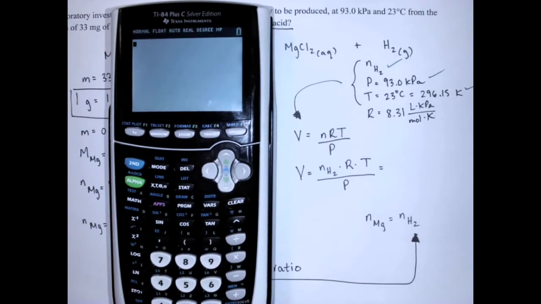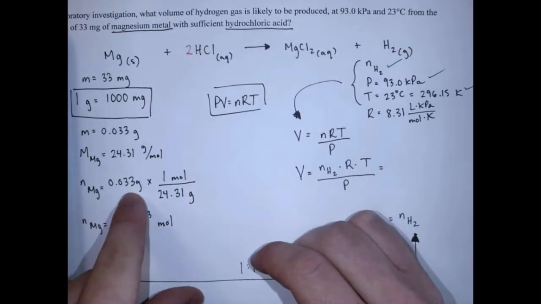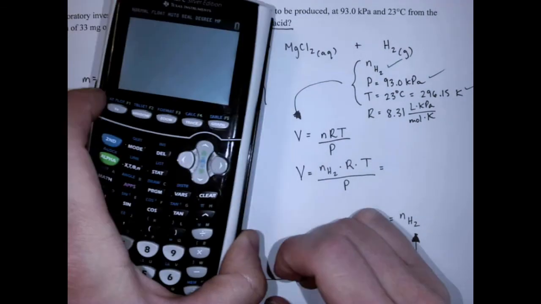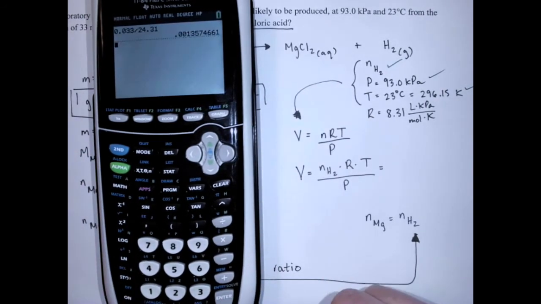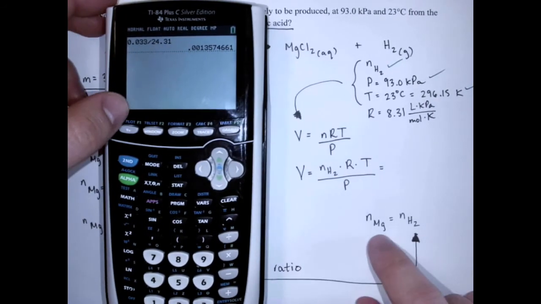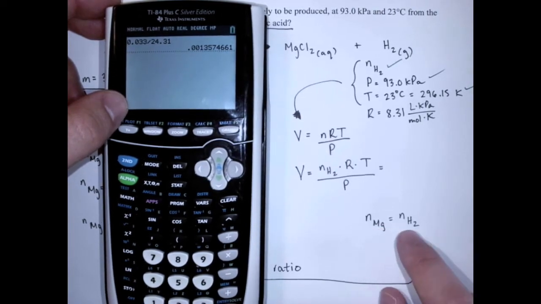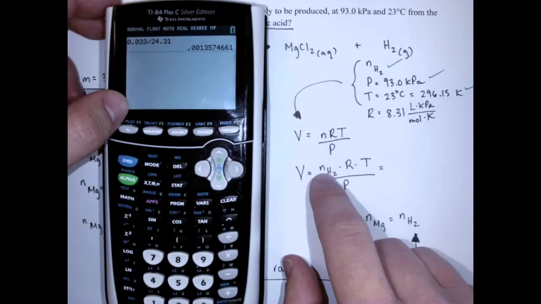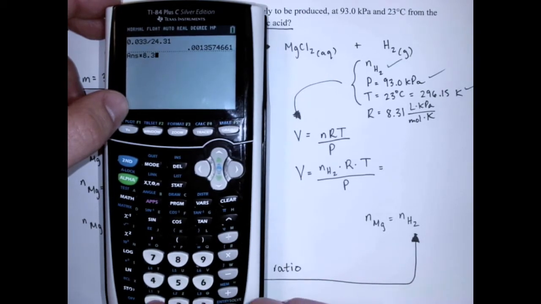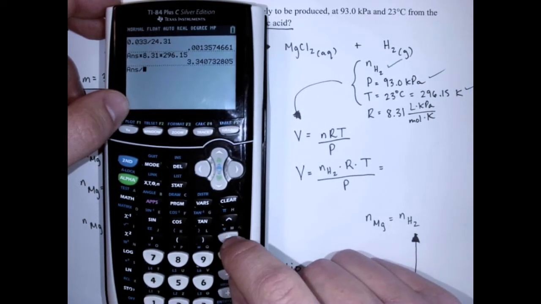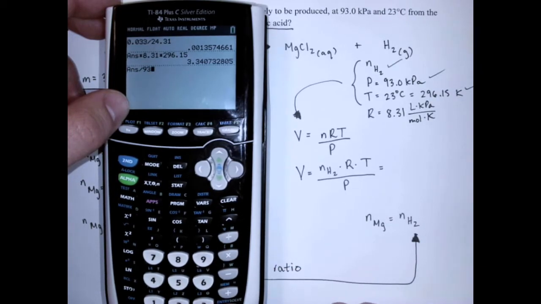So number of moles of magnesium were 0.033 over 24.31. So there's my moles of magnesium, and then we said it's a 1-to-1 ratio, so my moles of magnesium equals my moles of hydrogen, which I'm going to use in that equation. So I'm just going to take that number and multiply it by 8.31. I'm going to multiply it by my temperature. And then I divide by pressure, which is 93.0.